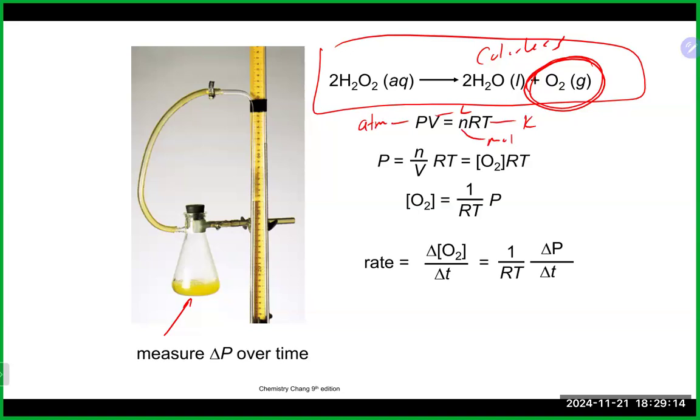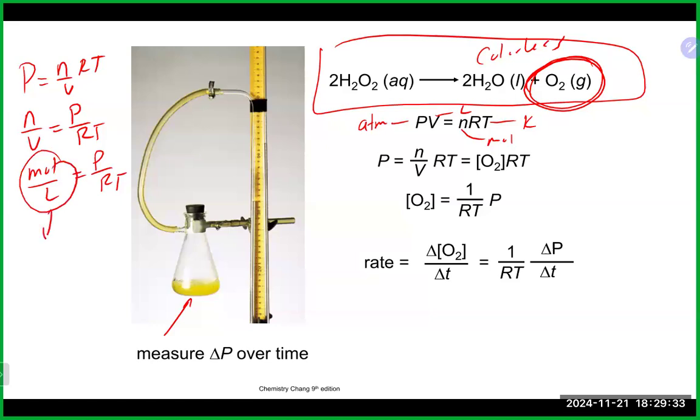And if we solve for P equals n over V RT and rearrange it for n over V, it is equal to P over RT. n is moles and V is liters, so moles per liter is the molarity. So in this particular case, if we had this reaction, we could actually follow the pressure over time.